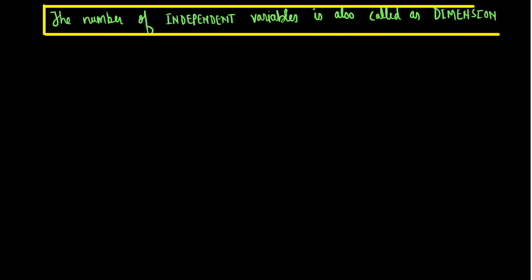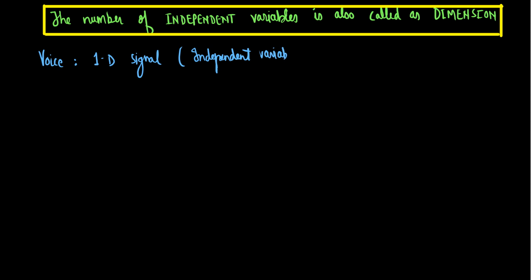Let me write that. Voice is a one-dimensional signal. I'll indicate that by 1D. And the independent variable here is time. This is time.